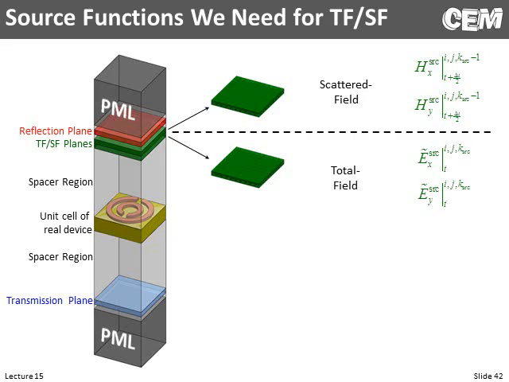Our update equations on the total field side reached to the scattered field side where we needed the source of the H fields. So in fact, we need to calculate the HX and HY components of the source on the scattered field side, and the EX and the EY components of the source on the total field side. Now remember, we're on a staggered grid. Those things are out of phase and also at different time steps, and we need to take all that into consideration.